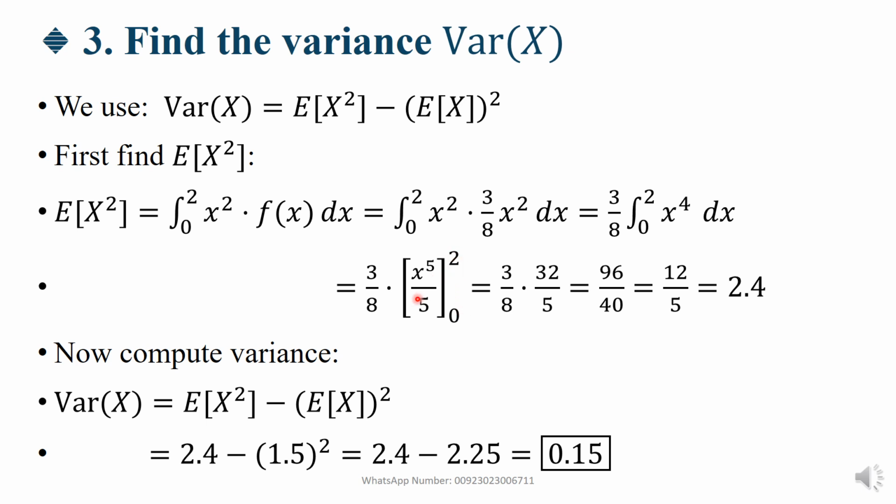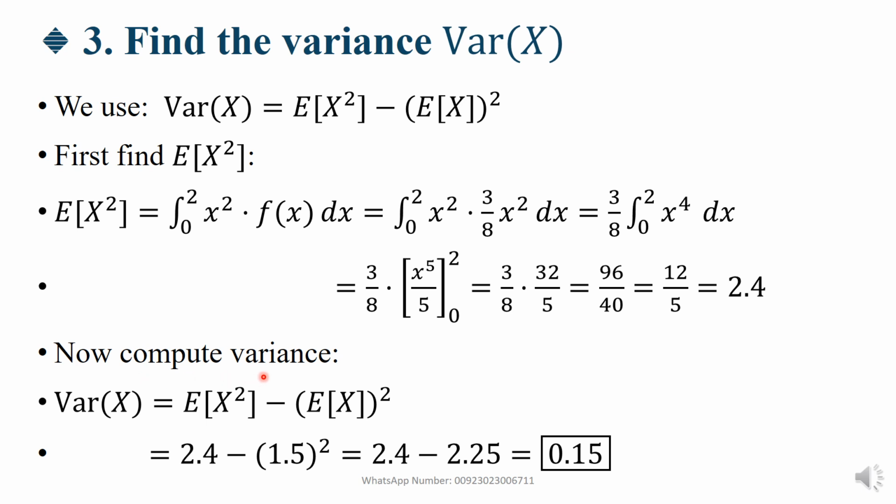If we put the upper limit, then x equal to 2. 2 multiplied 5 times we get 32, and divide by 5. After simplification, you get 2.4. It depends on you; you can divide any numbers for simplification.